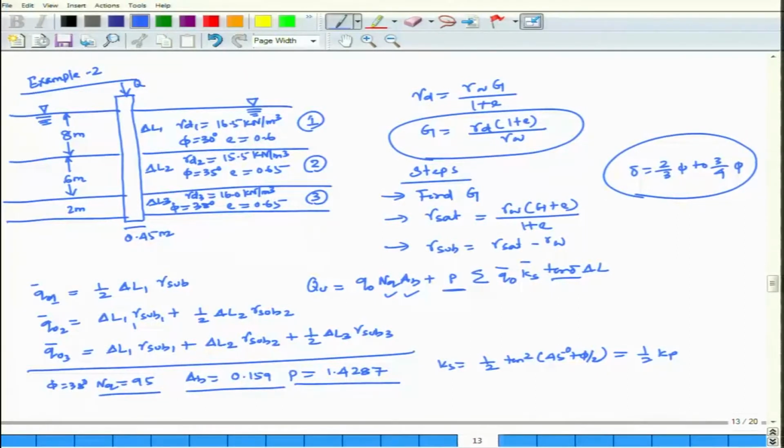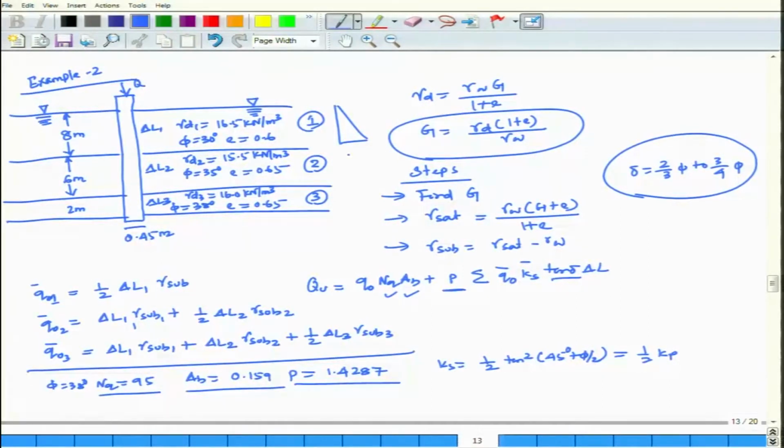So Q0 average value, if it is a summation: Q01 is half delta L1 gamma submerged for layer 1, Q02 is delta L1 gamma submerged 1 plus half delta L2 gamma submerged 2, Q03 is delta L1 gamma submerged 1 plus delta L2 gamma submerged 2 plus half delta L3 gamma submerged 3. This is average value for layer 1.